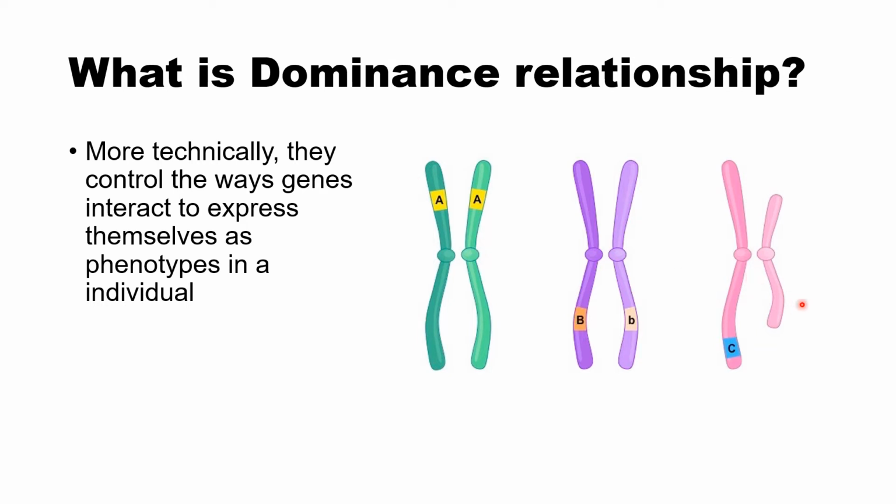So, yun yung dominance relationship. Basta tandaan, when we say dominance relationship, this is where the alleles, the genes, interact with each other in order to parang dictate or in order to show themselves yung phenotype na mailalabas doon sa offspring, doon sa individual.